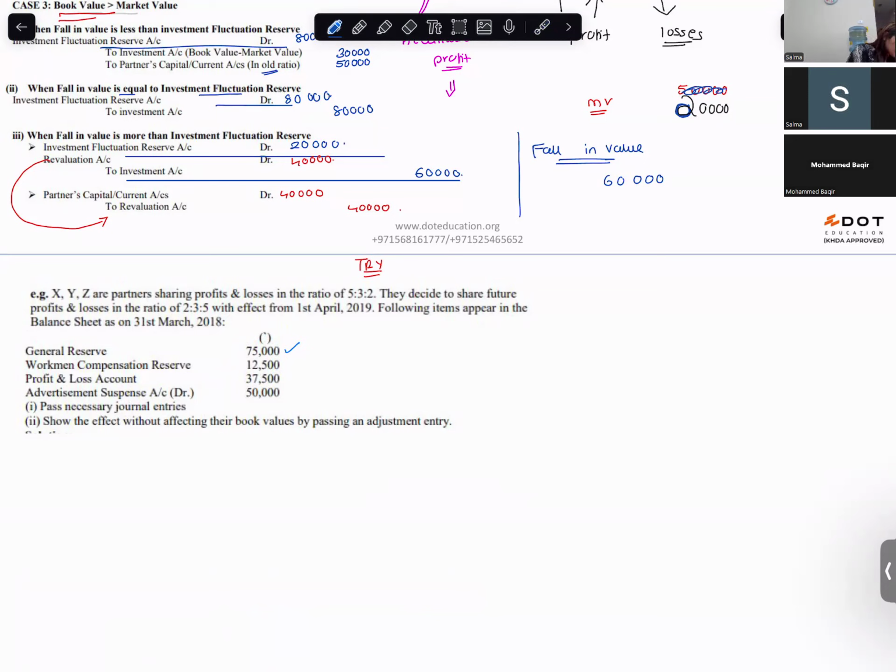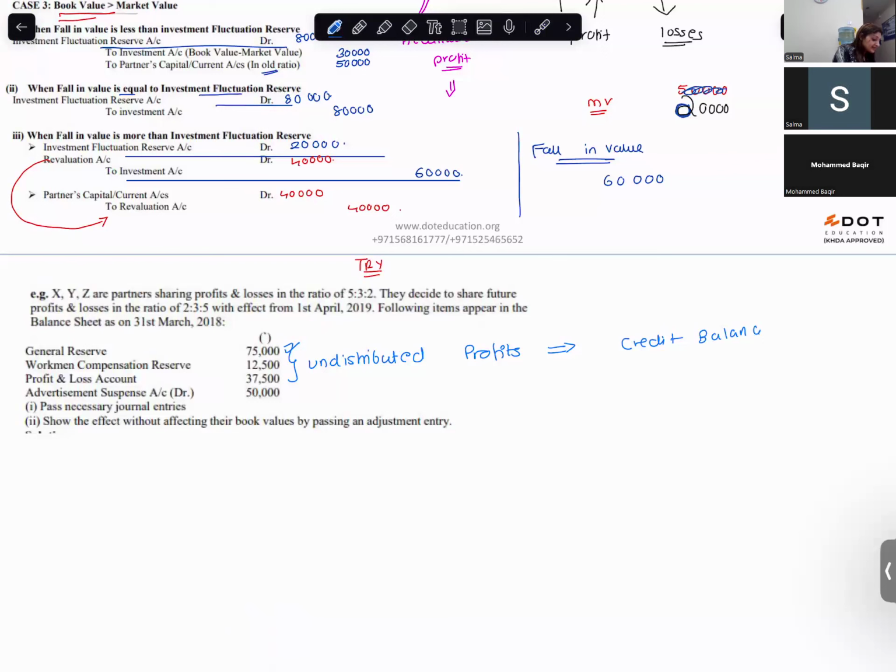It's profit. This is undistributed profits. And undistributed profits have what balances? Credit balances. So this will have a credit balance. Very good, Bhagyan.